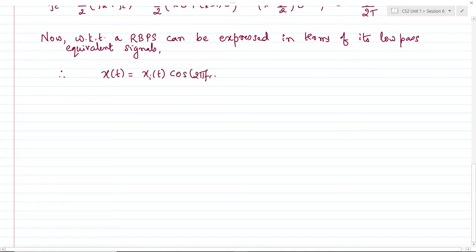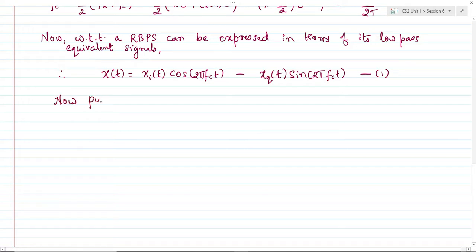Now we need to take samples of this signal. Substitute t as nT to convert this into a discrete signal, in other words we are taking samples of this continuous wave.